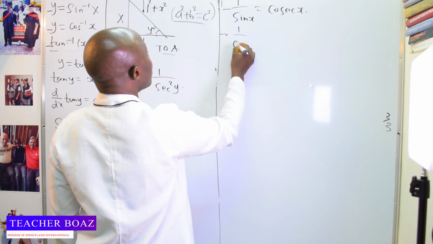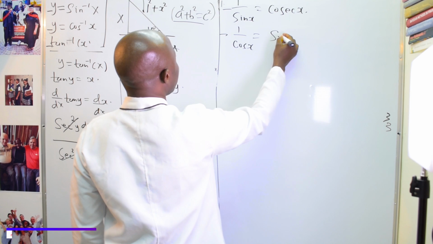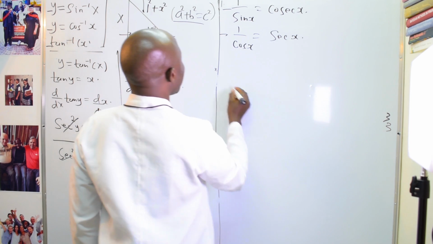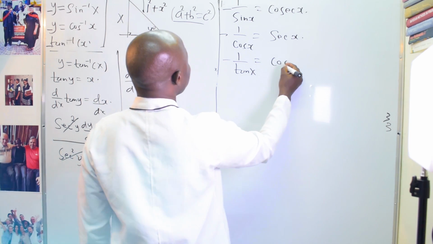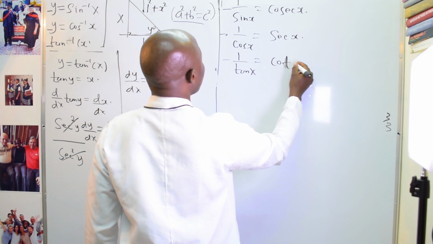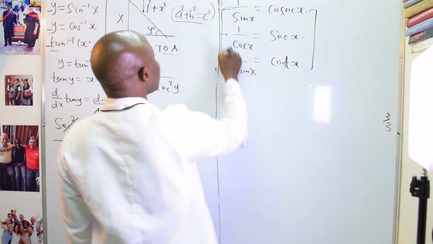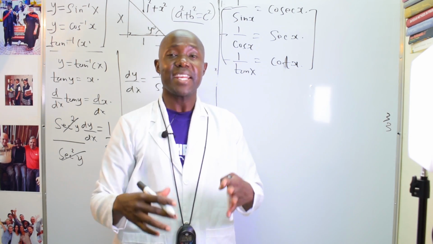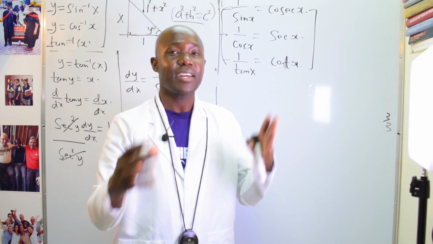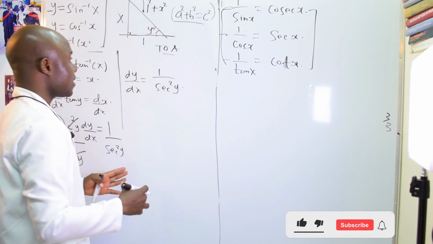Rule 2, 1 over cos x becoming sec x. Then 1 over the tangent of an angle x becoming the cotangent. We call it the cot x. So these are 3 very important identities in the trigonometric differentiation, or the calculus of the trigonometric values.